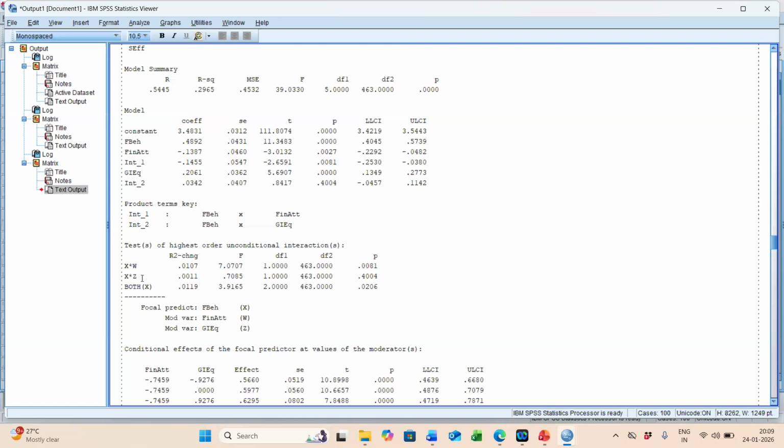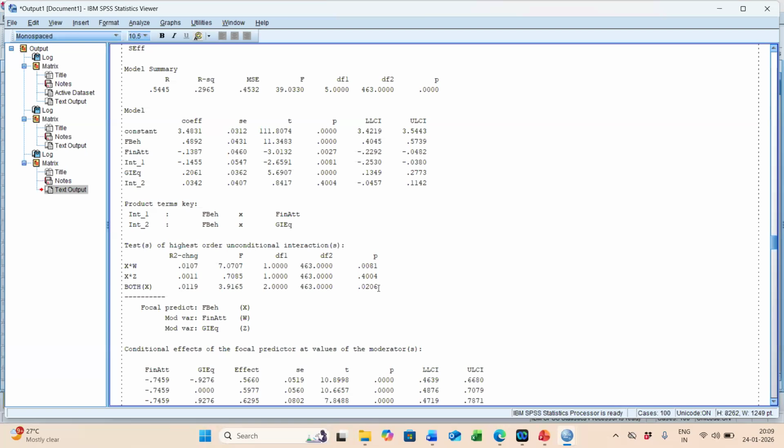The moderating effect of gender equality on financial behavior is not significant, but when we consider both the interaction effects together, it is significant. The significance value is 0.0206. The individual moderation effect of attitude on behavior is significant.